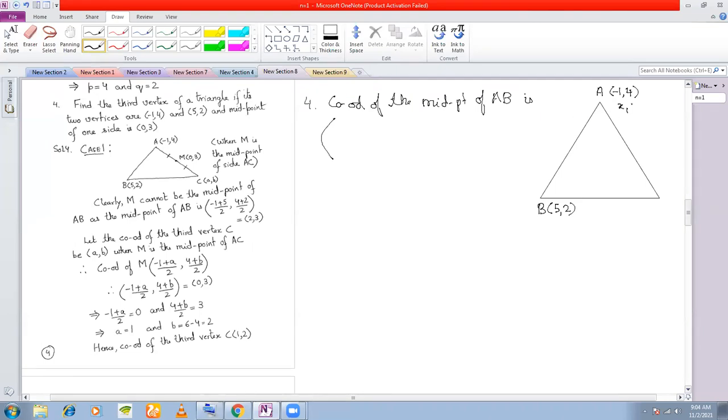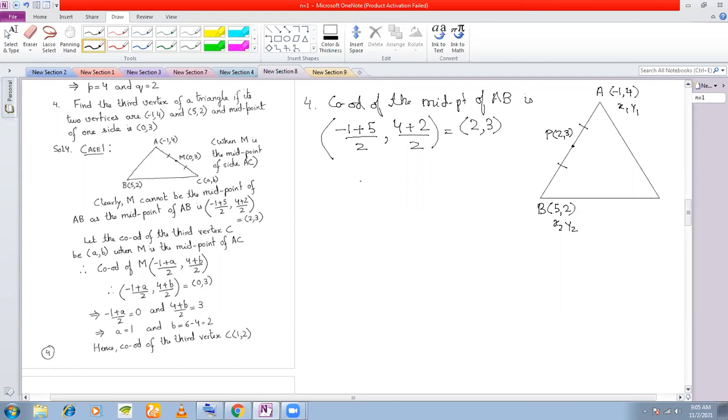If you consider this as your x1, y1, and if you consider this as your x2, y2, then the coordinates of the midpoint of AB are (-1 plus 5)/2, that is (x1 plus x2)/2, and (y1 plus y2)/2, which is equal to, this is 2 and this is 3. Now what you see is that the coordinate of the midpoint of AB is 2, 3. Okay, let's call this point P, 2, 3.